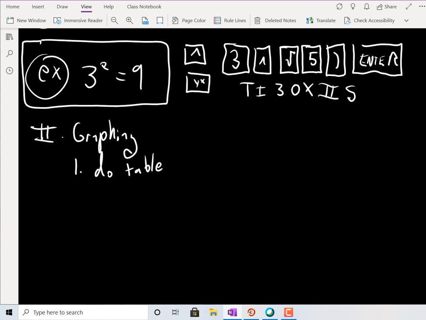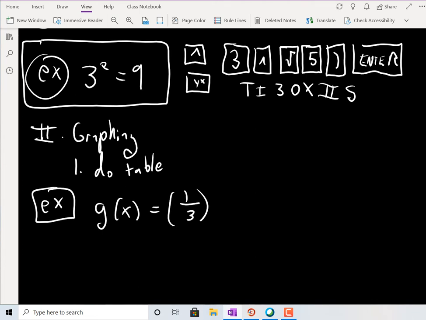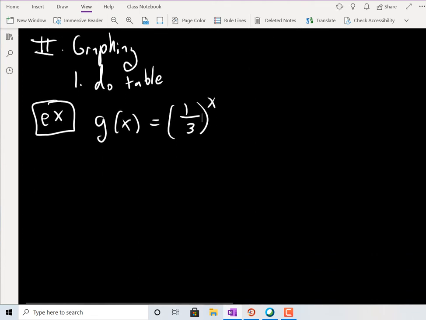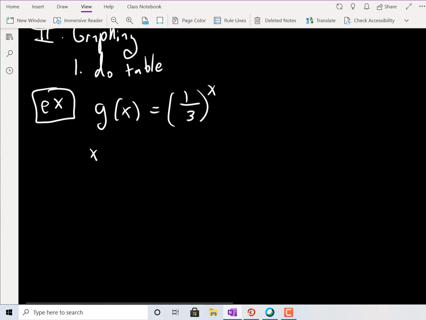My example is g of x equals 1 over 3 to the x. I have my x and my y, and I'm going to go from -2, -1, 0, 1, 2 and plug those in.